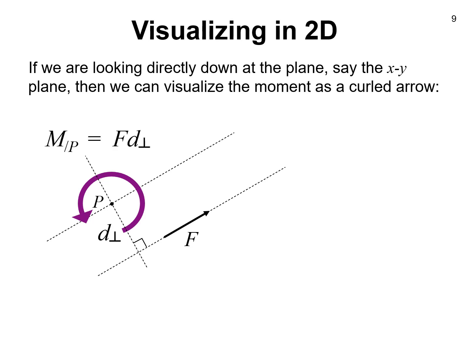And now define the moment of F about P as F times the perpendicular distance. And I'll introduce this symbol using the i and j unit vectors with a counterclockwise curled arrow around what would be the k-axis or the z-axis to illustrate our positive sign convention.